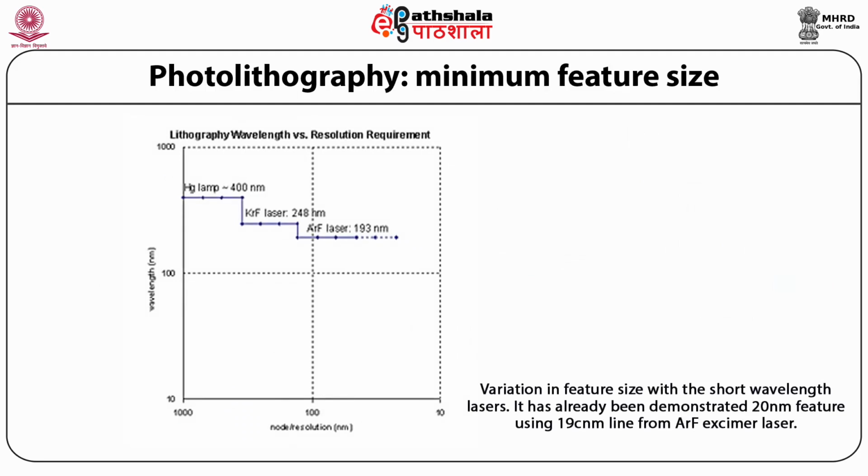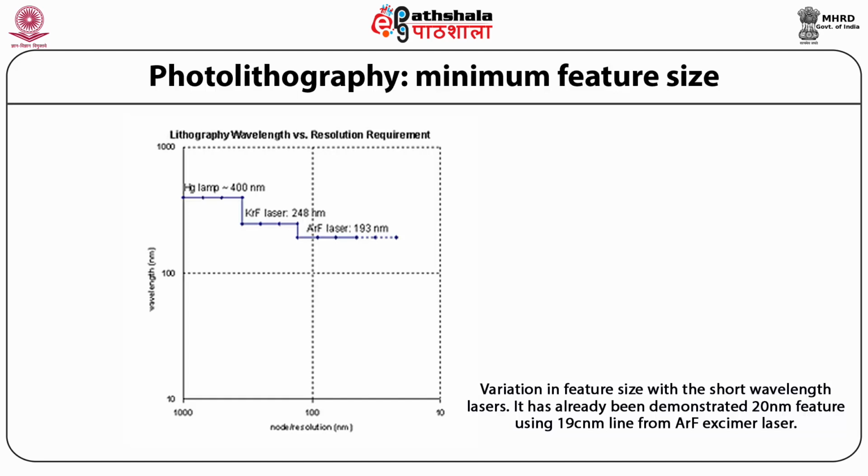In order to have a higher resolution, photolithographic systems use ultraviolet light from gas discharge lamps, which generally emit light across a broad spectrum with several strong peaks in the UV range.